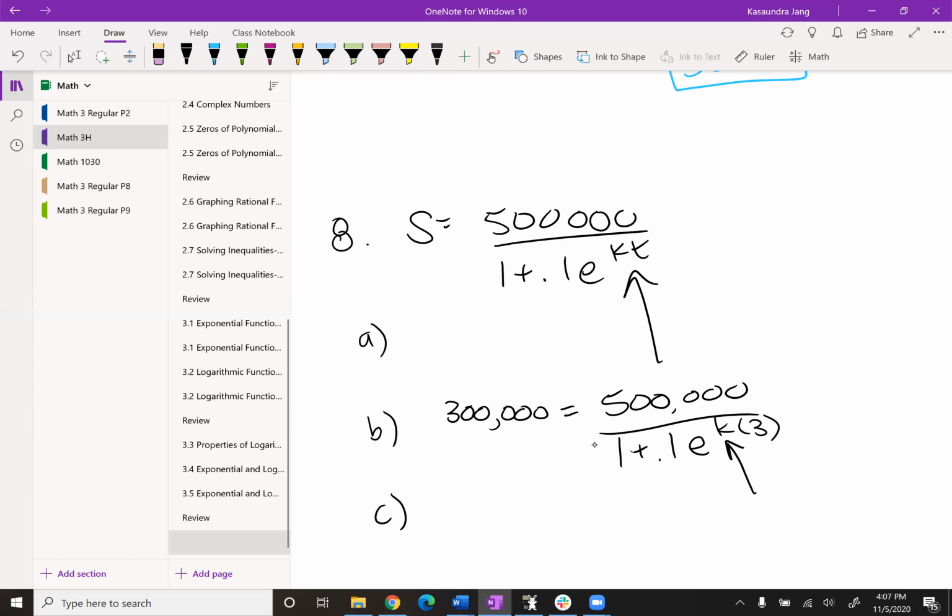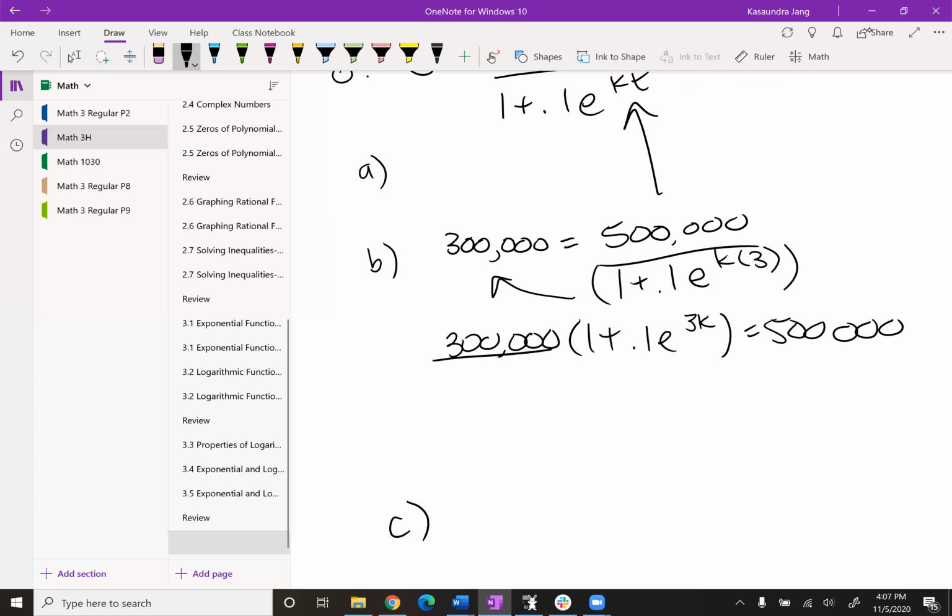So let's see here. I'm going to take this whole denominator and I'm going to multiply it to the other side. All right, and then I'm going to divide that whole thing over, which is like 5/3 there.